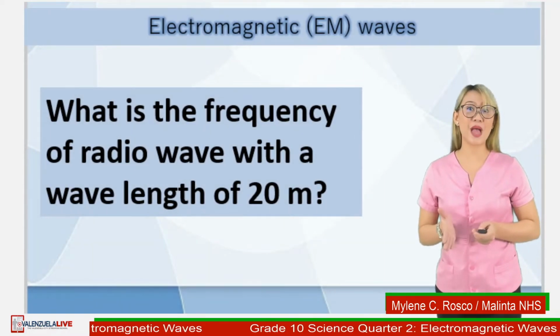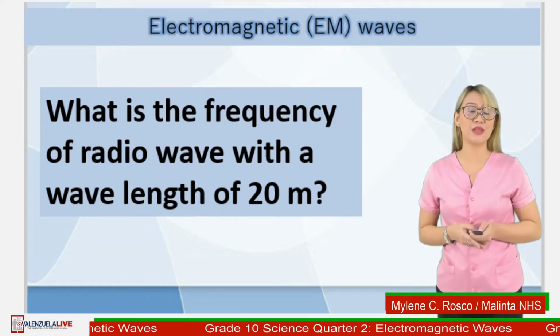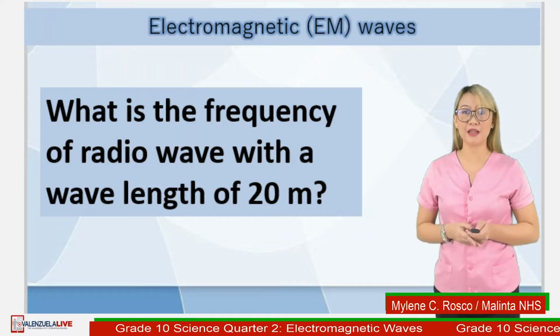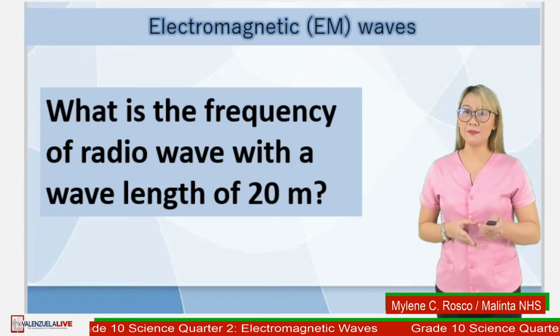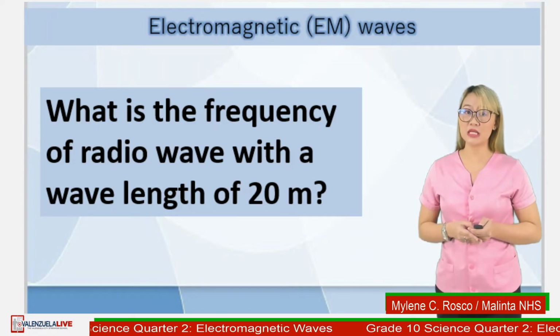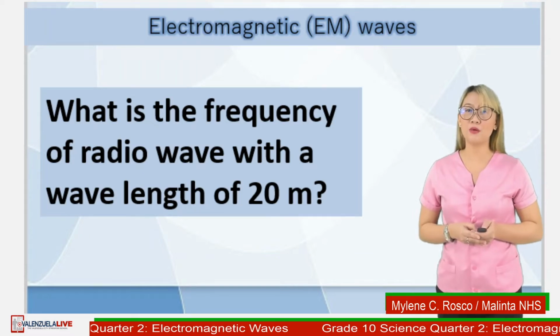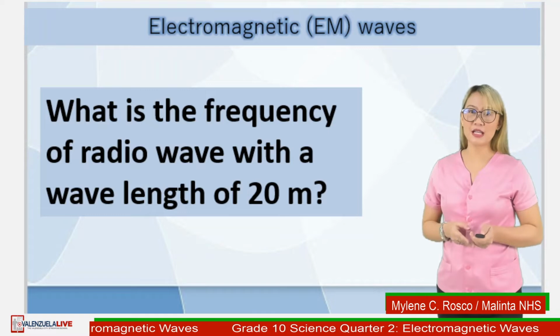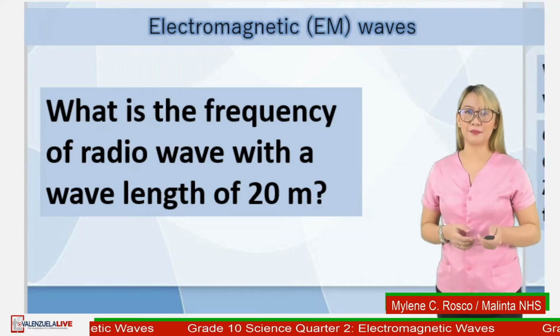Now let us try to answer this problem using the wave equation. Assume that the waves travel in a vacuum. Problem: what is the frequency of a radio wave with a wavelength of 20 meters? So first, let us identify the given.